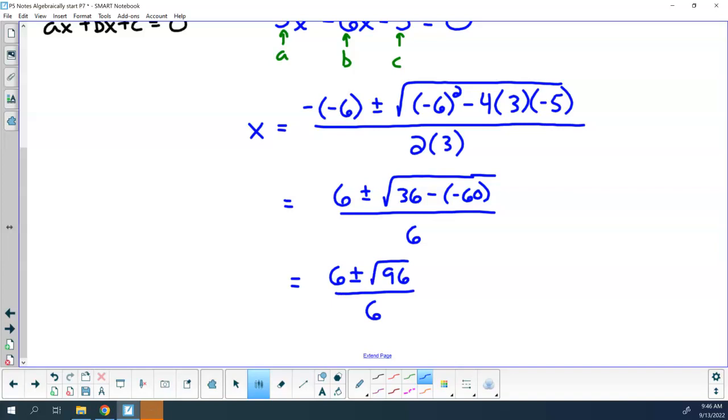Square root of 96, can we simplify that? What? 4 times the square root of 6? Yeah? Okay. Because 96 is 16 times 6.